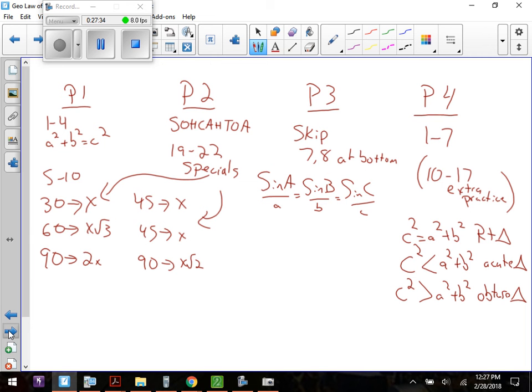On the very back page, the only problems I'm looking at doing, because they're hard to find extra problems, are 1 through 7. Problems 4 through 7 are the ones where you have to tell what kind of triangle it is via the side lengths. Is it a right triangle, obtuse triangle, or acute triangle? We're going to go through a bunch of this again tomorrow and continue on.